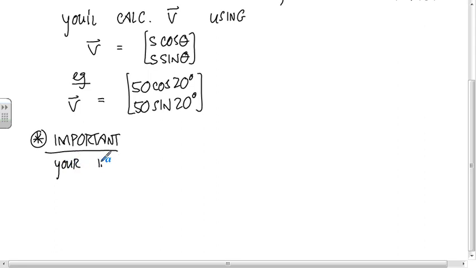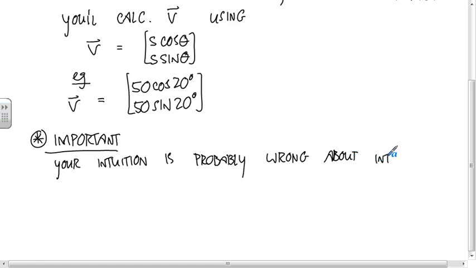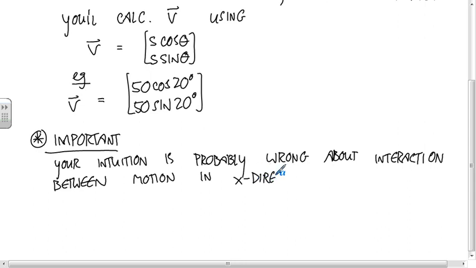So your intuition is probably wrong about the interaction between motion in the x direction and motion in the y direction.